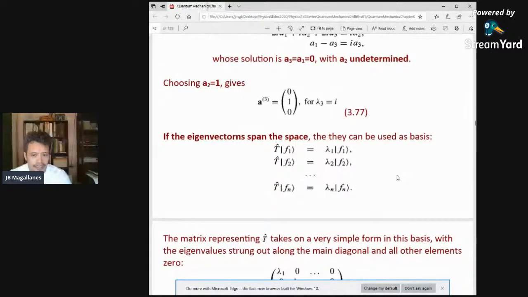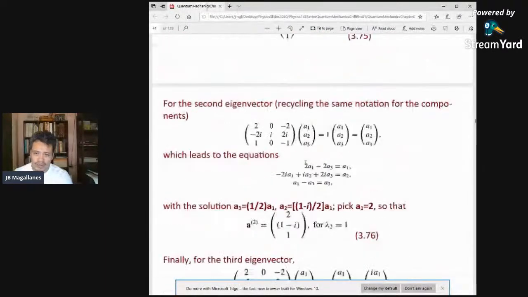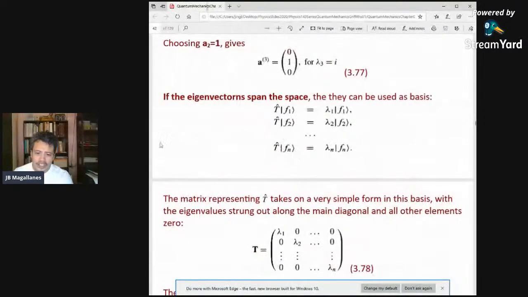They don't have to be just i, j, k. These eigenvectors, if you write them in rows, are just the components of the 3 vectors. You can also use them as the vectors instead of i, j, k. So if they span the space, they can be used as a basis. Only if the eigenvectors span the space.